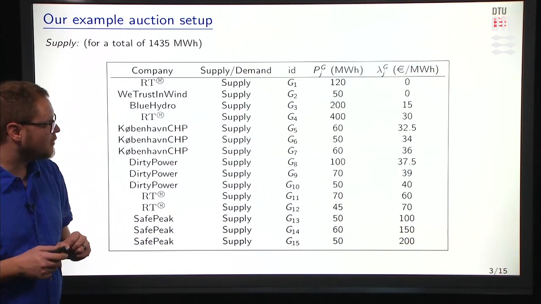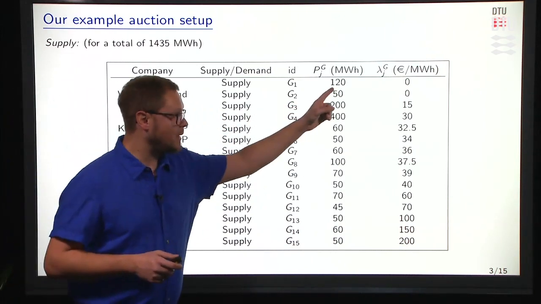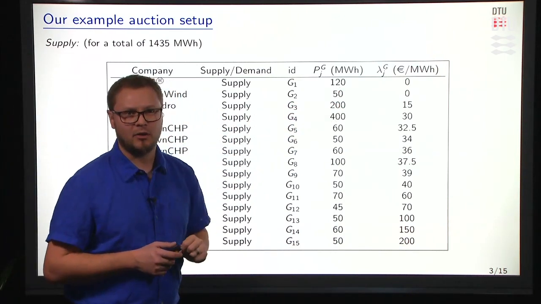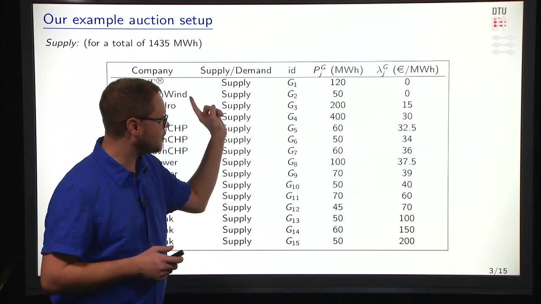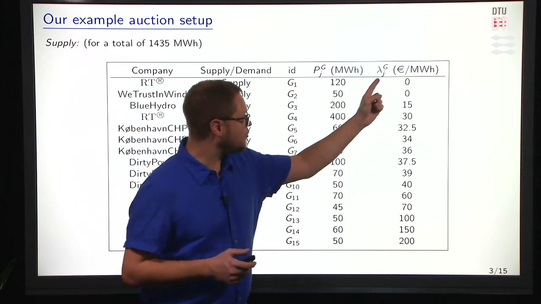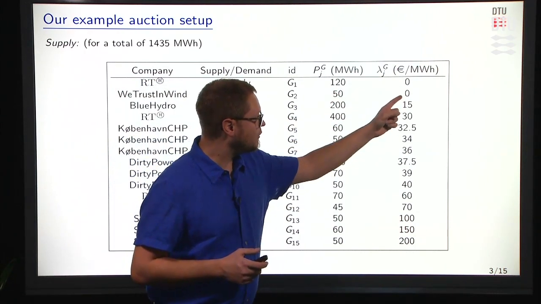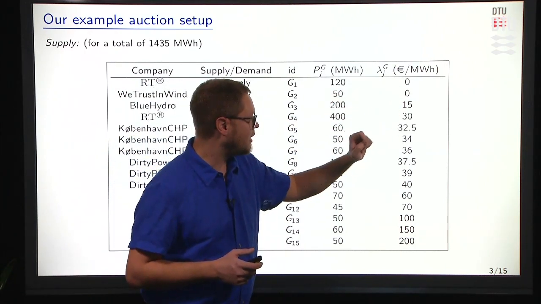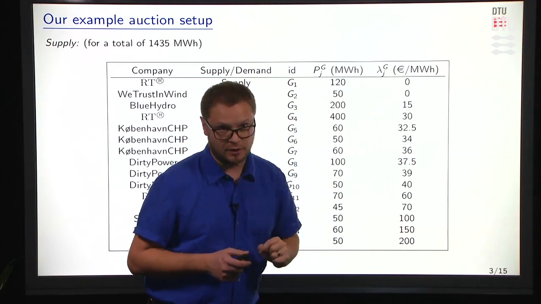Each supply offer is characterized by an amount in terms of energy in megawatt hours, 120 for the first offer, 50 for the second offer, etc. And by a price here, the first 2 offers being at €0 per megawatt hour, the next one 15, etc.